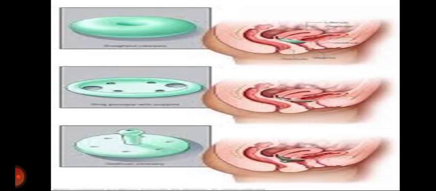Now we have discussed pessary treatment in case of prolapse or retroversion. So what is a pessary? A pessary is a mechanical device that contains certain drugs, inserted per vaginally, that helps in holding the uterus in its position. There are three types of pessaries.